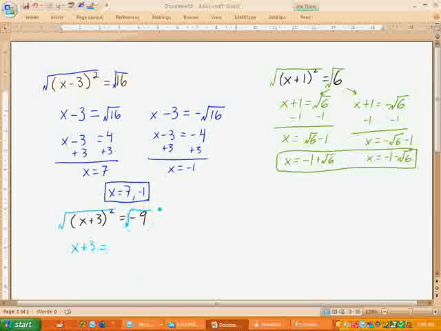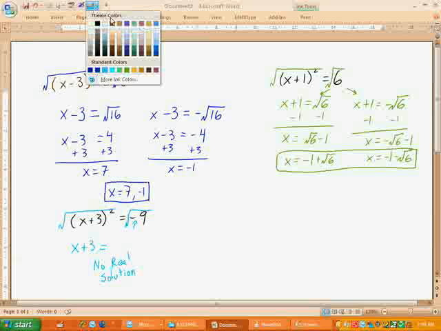Hopefully you recognize that this is a negative number. You cannot take the square root of a negative number, and therefore there is no real solution. Someday you will learn about imaginary numbers and be able to solve that, but for now we're just going to say no real solution.